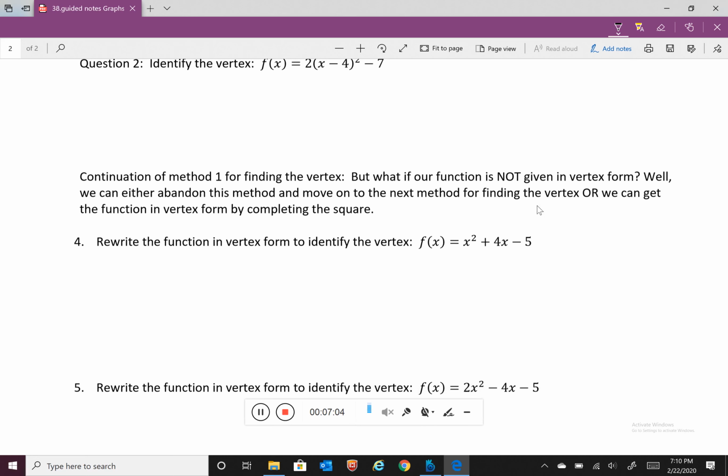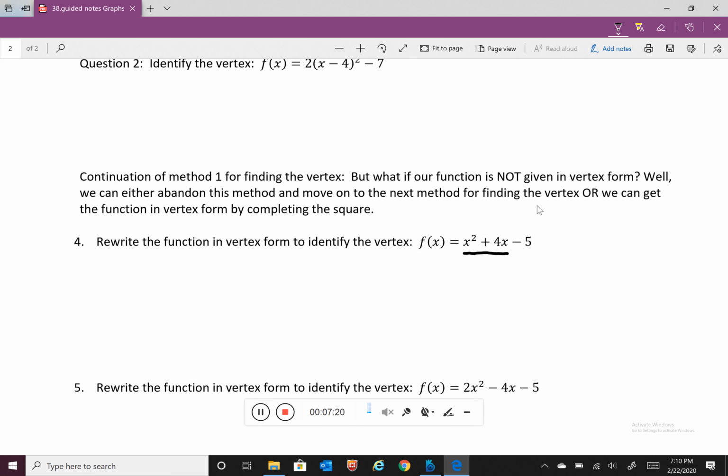And the first step is to identify the terms that contain variables. So for this example, it is x squared plus 4x. So we're going to leave this -5 alone.